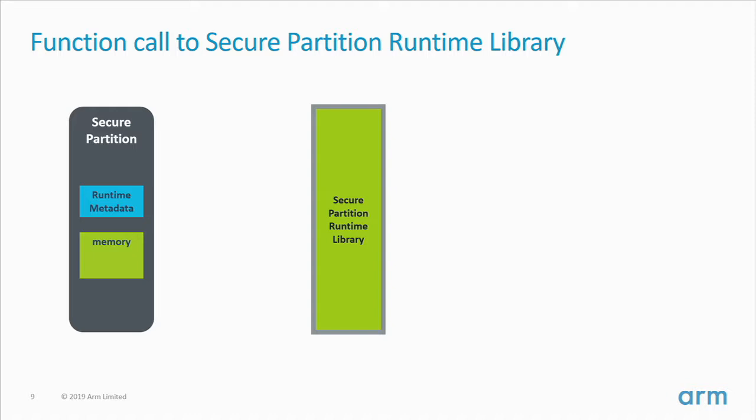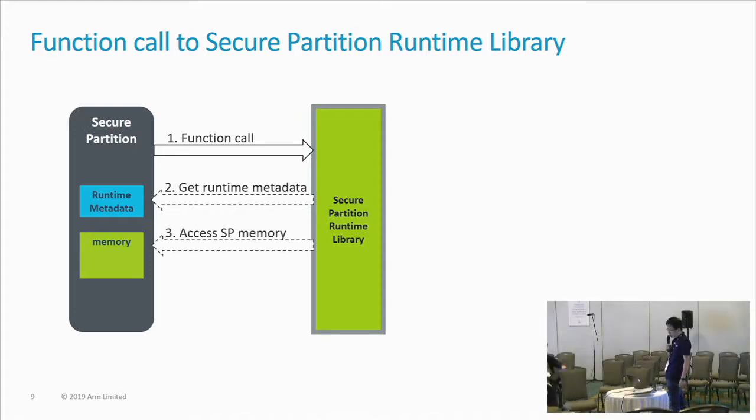So the process is like this. First, the secure partition will call the function from the secure partition runtime library, and the runtime library may get runtime metadata from the secure partition, and maybe it will need to access the memory information of the secure partition.